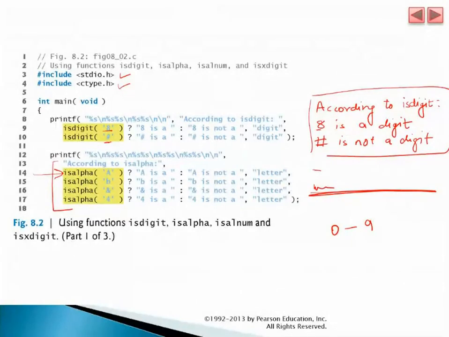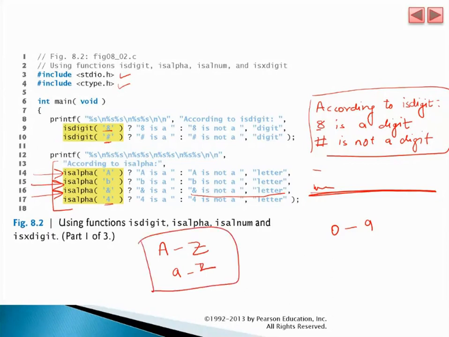Same for B: "B is a letter." But when we print the percent sign, "% is not a letter," right? And "4 is not a letter." So isalpha only works for A to Z and small a to z. That's it. So let's see the output.